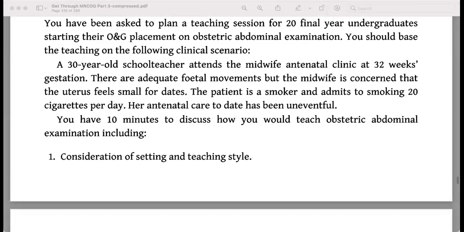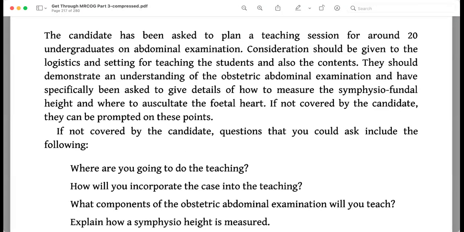You have chosen a projector and a whiteboard. You can also divide the candidates, because they are 20, into small groups, right? Is that correct? You should have other facilities in your teaching, right?